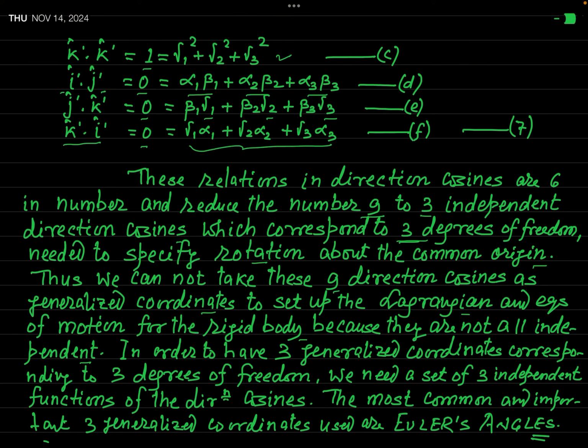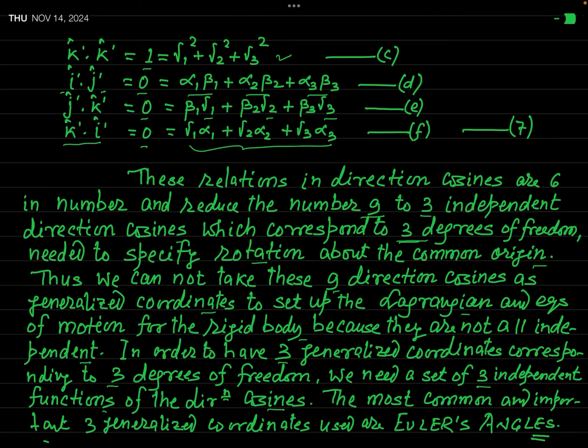So I have mentioned it here. In order to have 3 generalized coordinates corresponding to 3 degrees of freedom, we need a set of 3 independent functions of the direction cosines. A number of such sets of 3 generalized coordinates have been described in the literature, but the most common and important ones are Euler's angles.